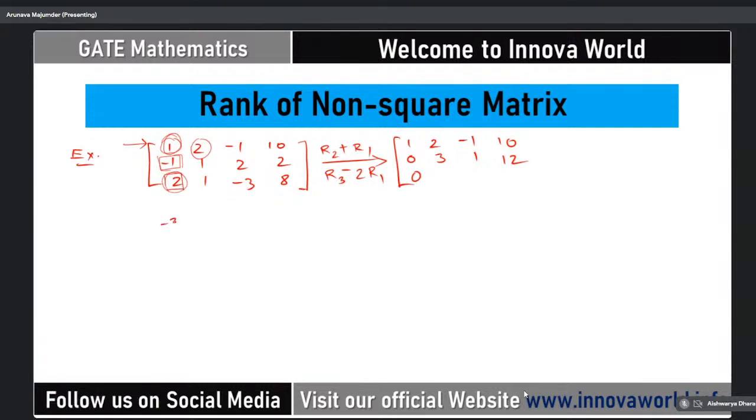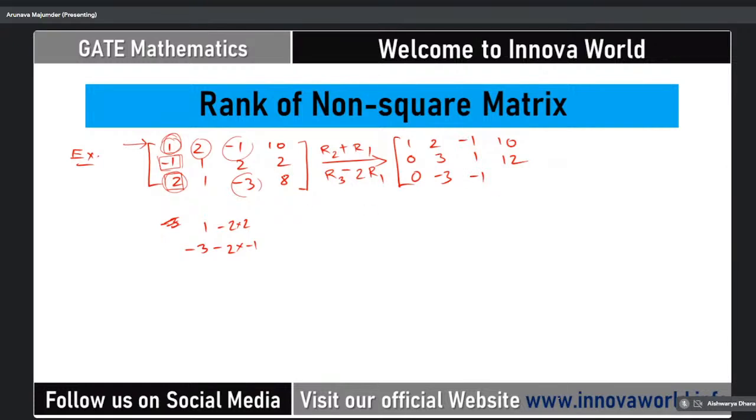R3 second element is 2 minus 2 into 2, which is 4, so it becomes minus 2. Let me redo it: the third element, minus 3 minus 2 into R1 minus 1, so minus 3 plus 2, it is minus 1.